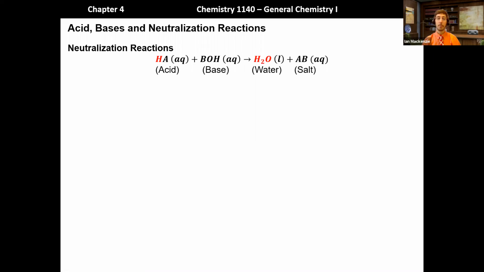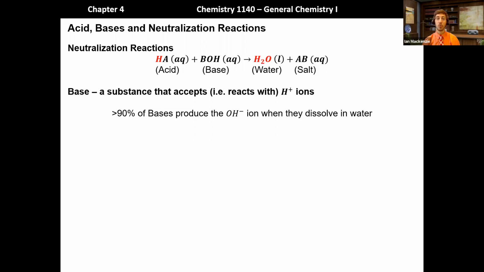Now, what about bases? So on the base side of things, a base is some substance that accepts a proton or accepts an H plus ion that will react with it. So the vast majority of bases are something that produce the OH minus ion when they dissolve in water.